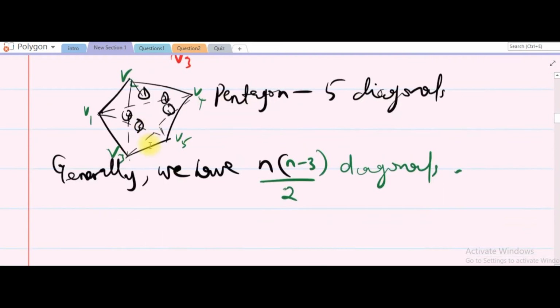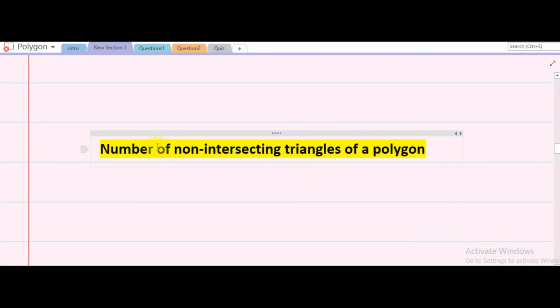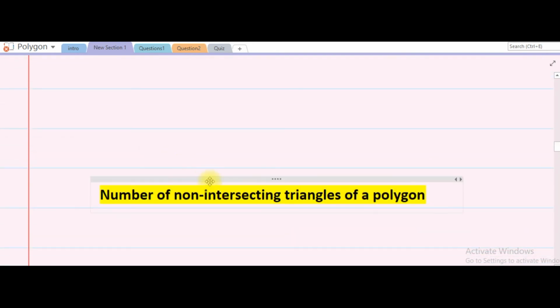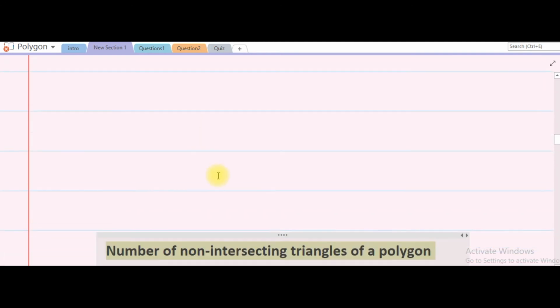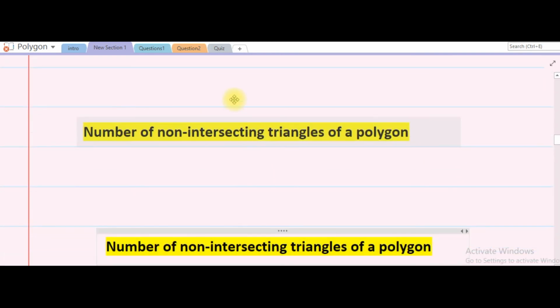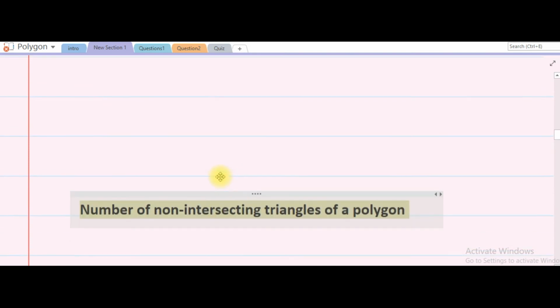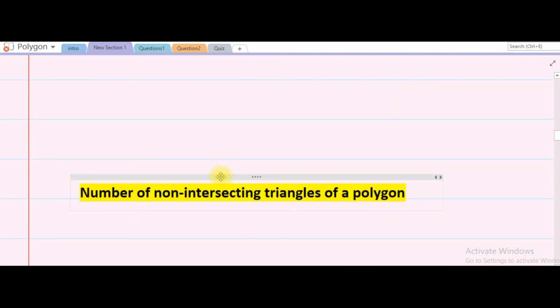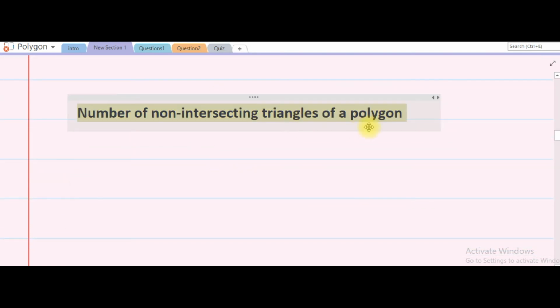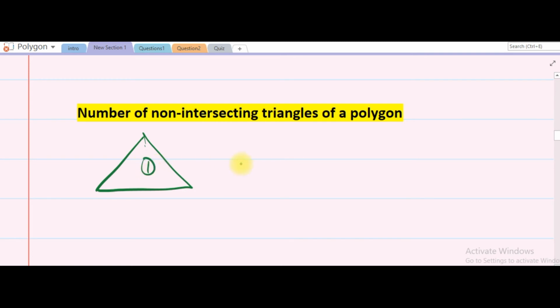So the next one is the number of non-intersecting triangles. You notice that for a triangle, we only have one non-intersecting triangle, which is this.